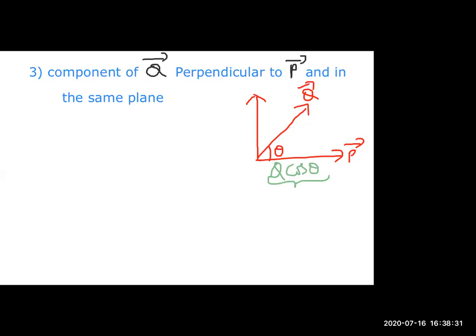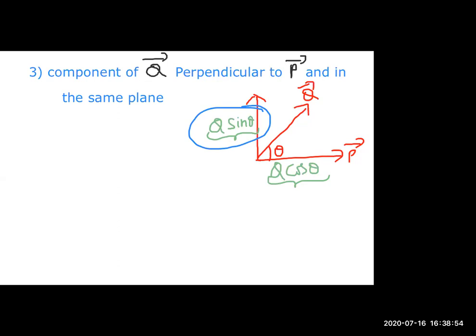Now there is one more component, Q sin theta. This Q sin theta is our target. This Q sin theta is in which direction? Perpendicular to P bar.